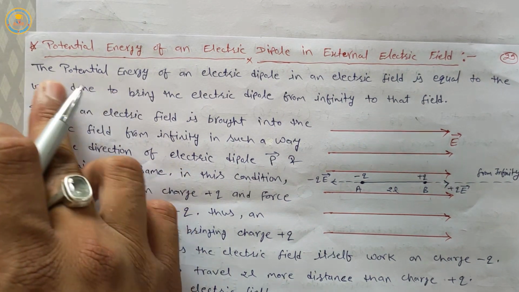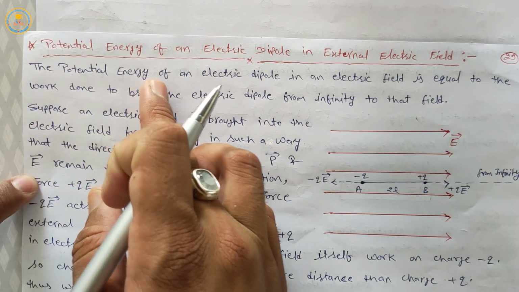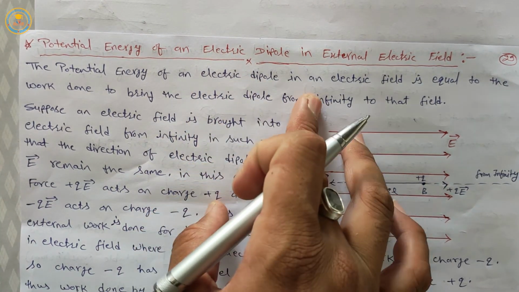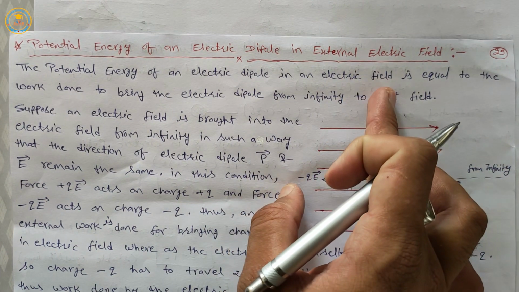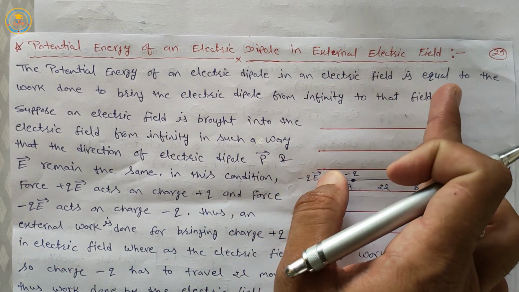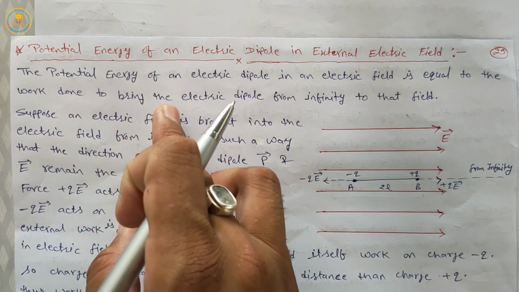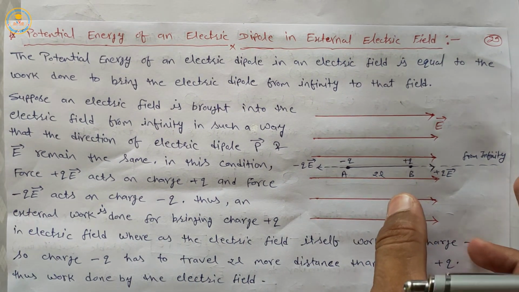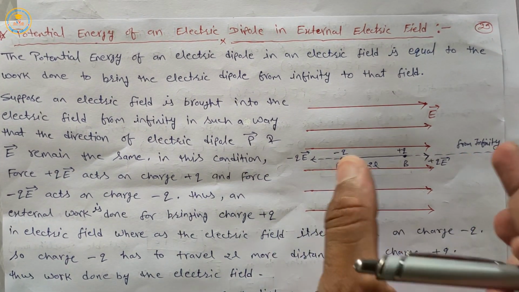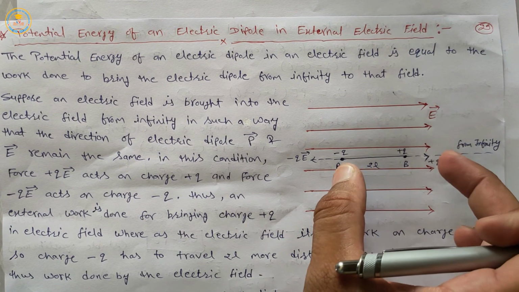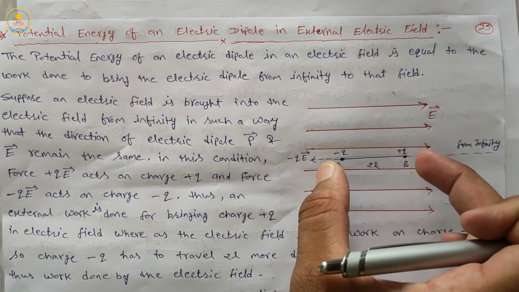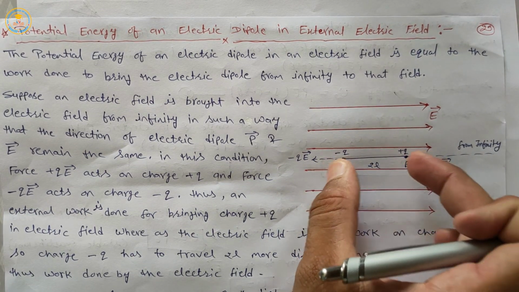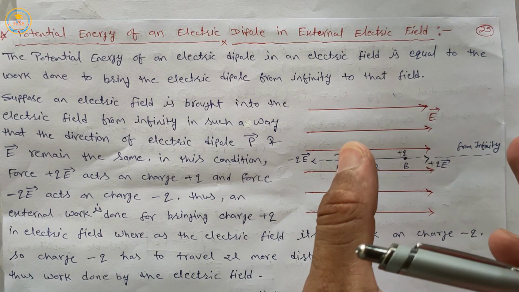So the definition: the potential energy of an electric dipole in an electric field is equal to the work done to bring the electric dipole from infinity to that field. It means if you bring this electric dipole from infinity into this field, then the total work done is equal to the electric potential energy of this electric dipole in this electric field.